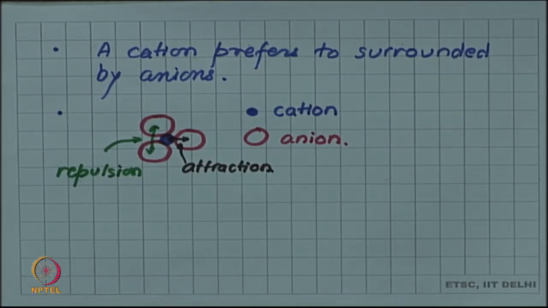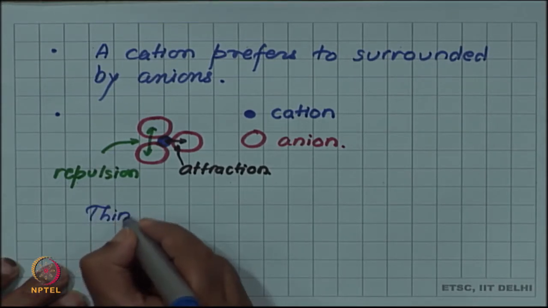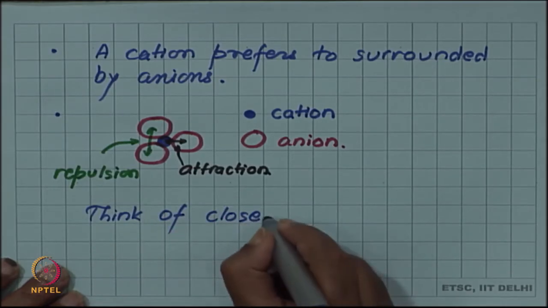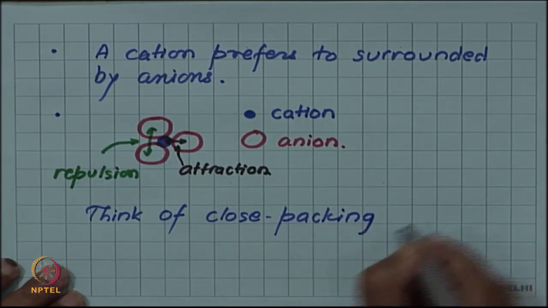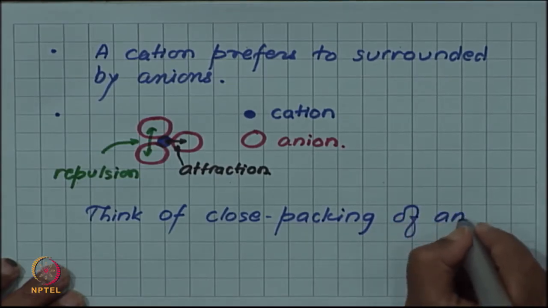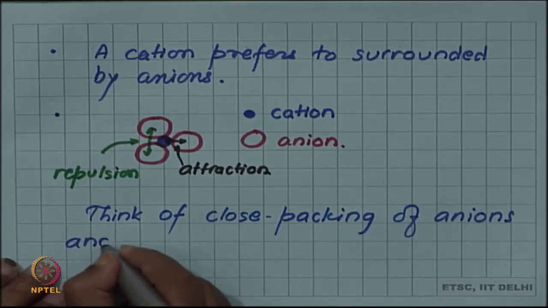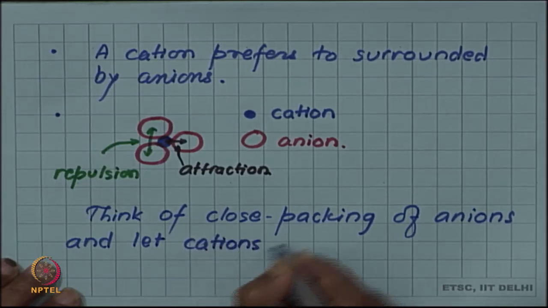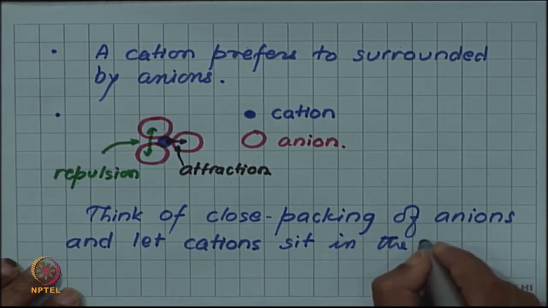So, the way the structure is modeled is to think of a close packing of anions and let cations sit in the voids.